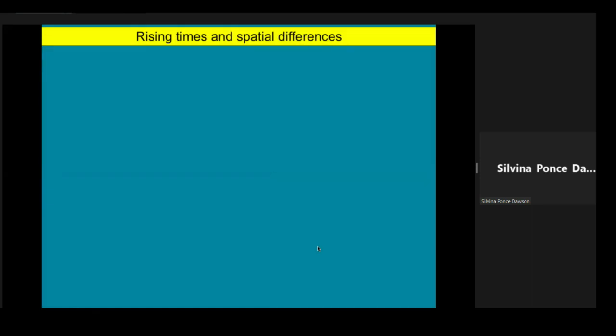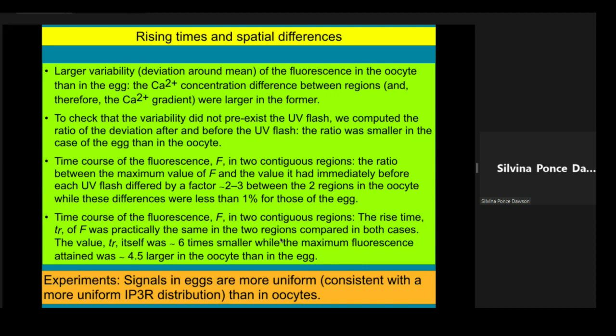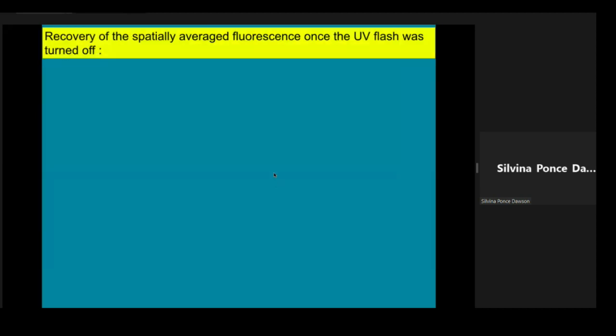And so we observe larger variability in the oocyte, looking at different regions of the oocyte. Then in the time course of the fluorescence of the 2 contiguous regions, we also observe more variability in the oocyte than in the egg, and we observed a very fast component of decay in the oocyte compared to the egg.